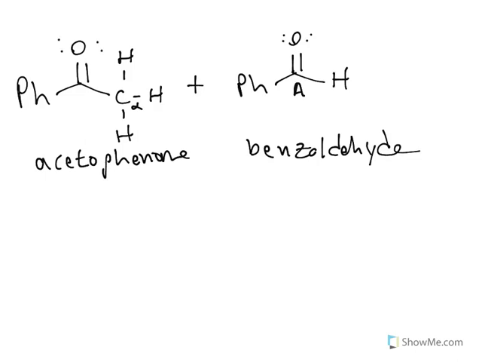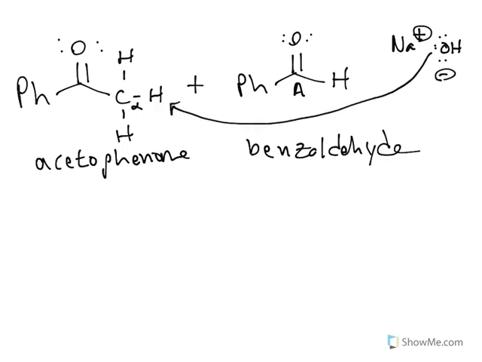And this reaction can be kick-started with sodium hydroxide. And you're going to get enolization in a reversible fashion. And you're making just enough of this acetophenone's enolate to get this reaction going.